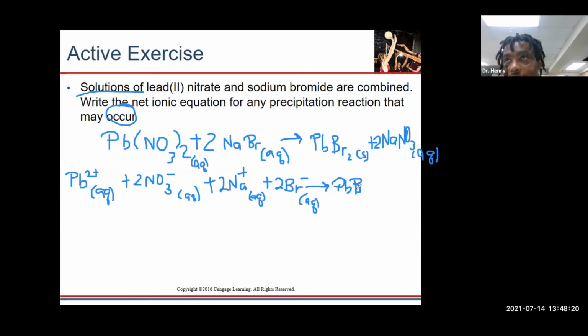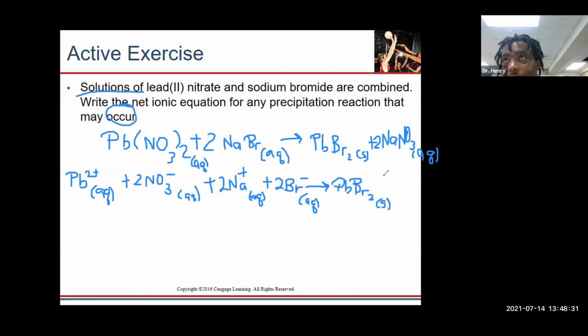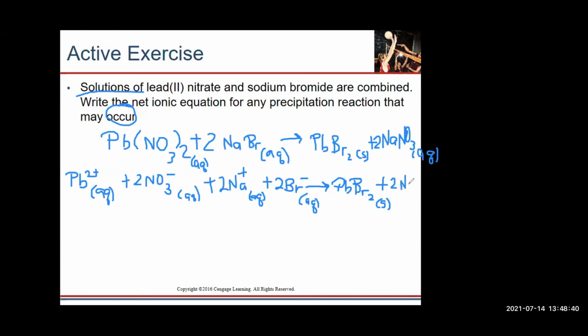So we're going to leave this one alone, plus 2Na plus aqueous, plus 2NO3 negative aqueous.